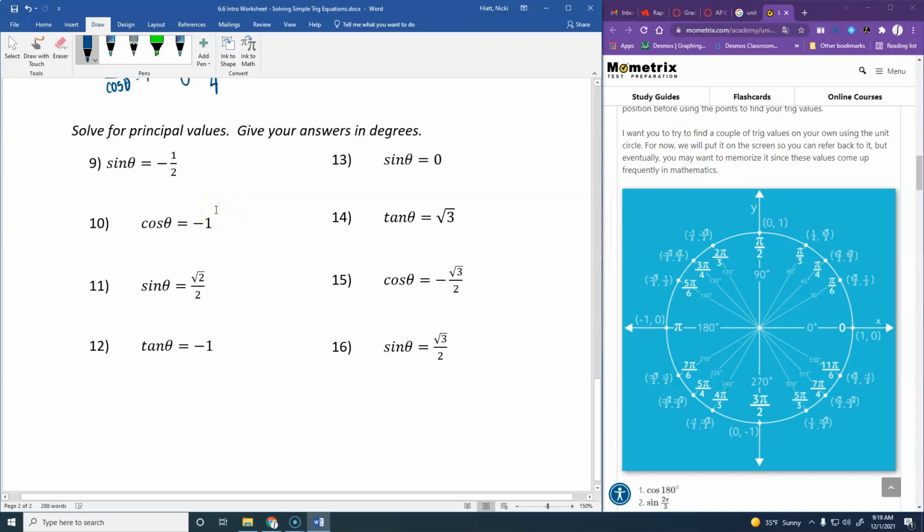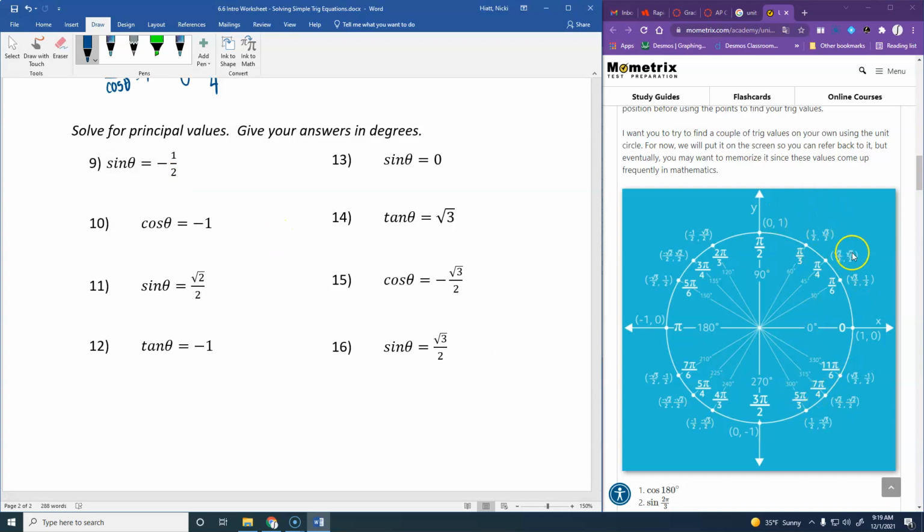Let's see, what's a good one to do? Let's do number 9. Sine of theta equals negative 1/2. So for sine of theta equal to negative 1/2, we're looking for the y-coordinate equals negative 1/2. We're only looking in first and fourth quadrant here.